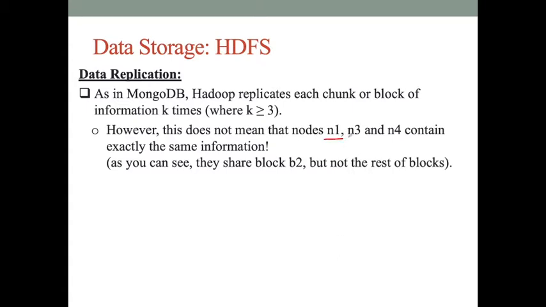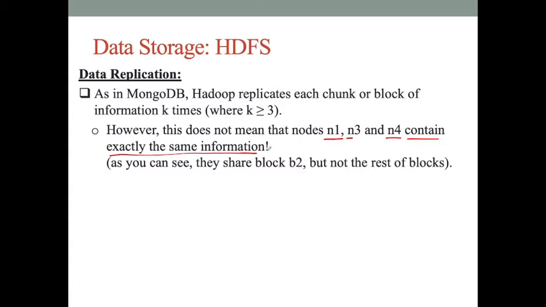Let's say that we have all these nodes. Something important is that we are not necessarily going to have the same information in the 3 nodes. That's one of the main differences with Mongo. In Mongo, the secondary nodes have exactly the same information as the primary.